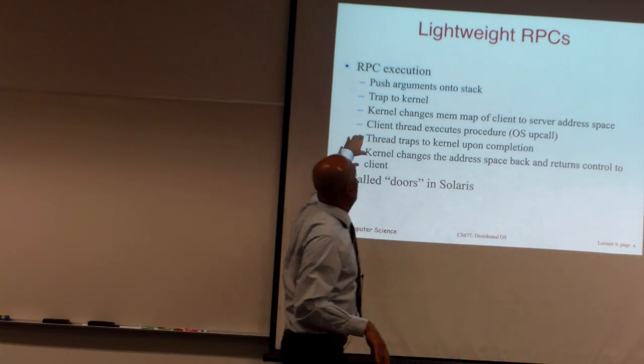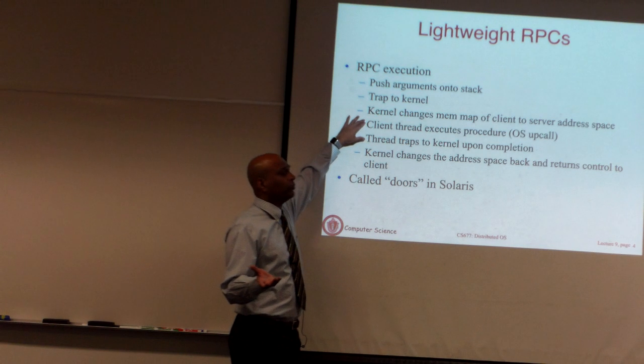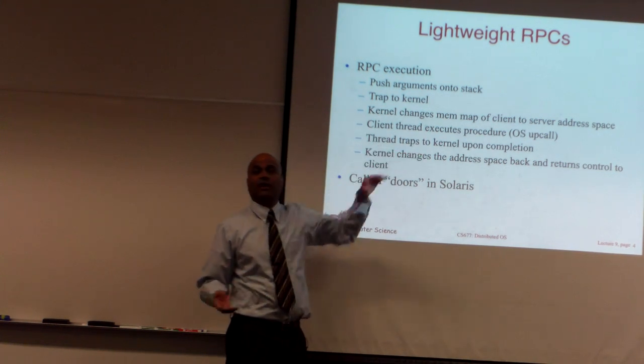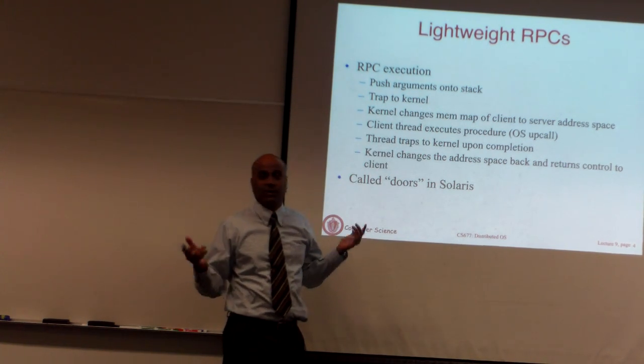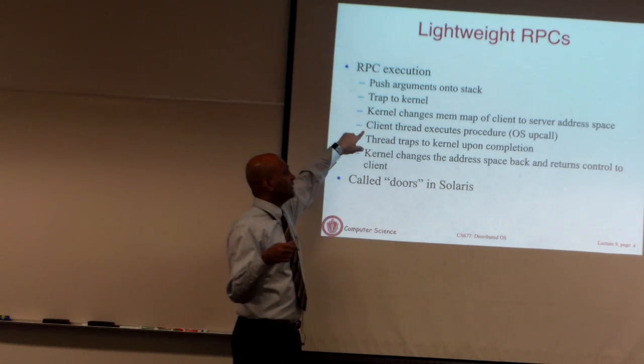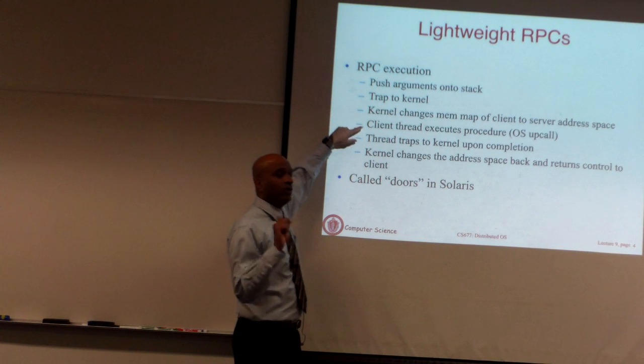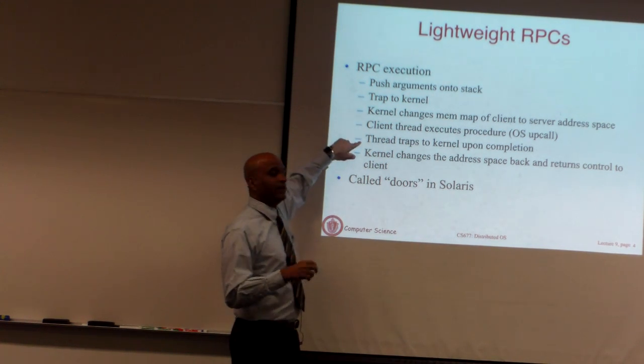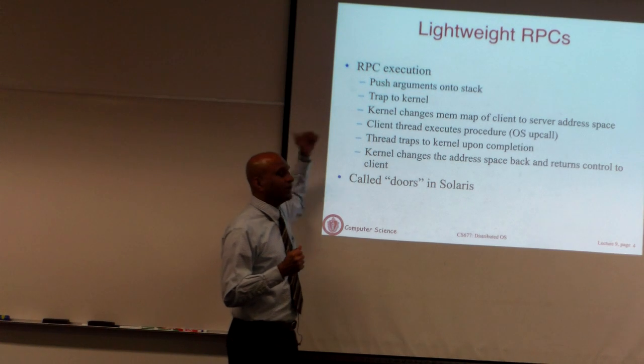So you are going to do something to enable that. Typically that involves changing the memory mappings, but there are other ways to do that as well. Then the client thread is going to essentially execute the procedure in the called process, and once you are done, you are going to trap back to the kernel and come back.